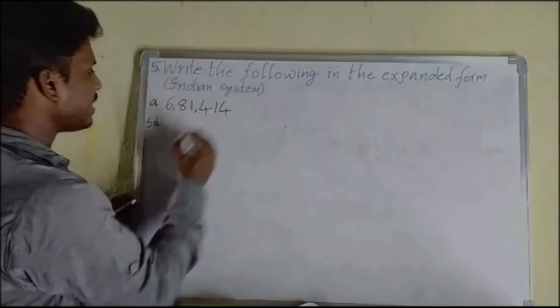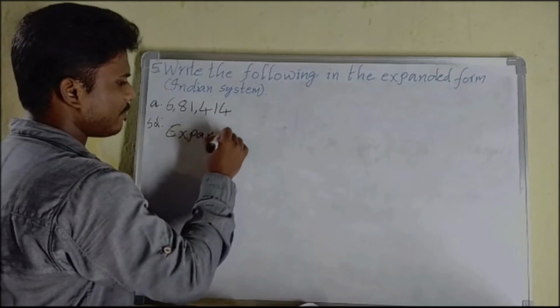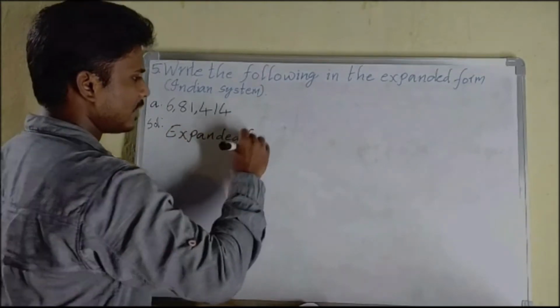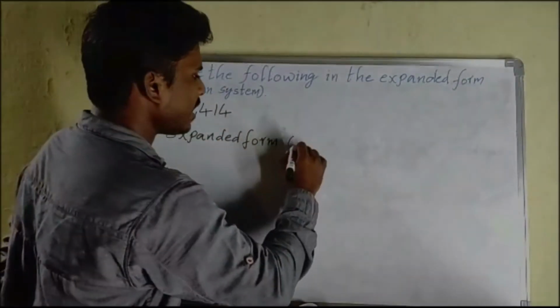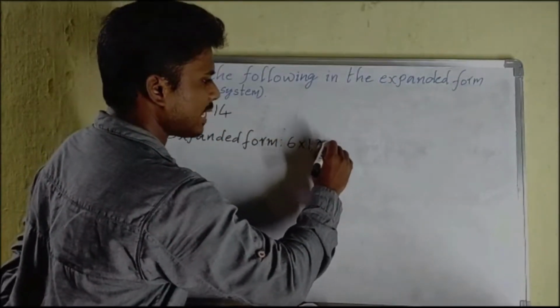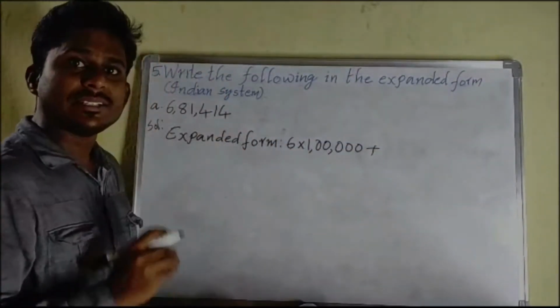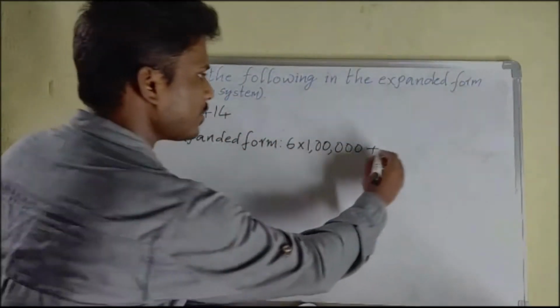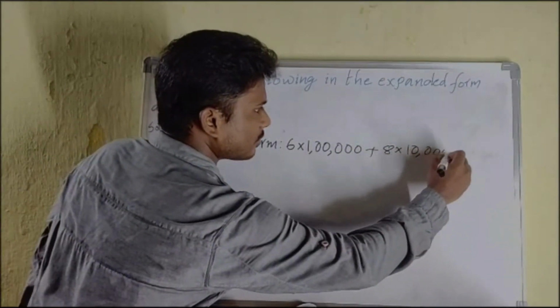Okay, now let us write the expanded form like this. So expanded form of this number is like this. First 6 is in the 1 lakh place, so 6 into 1 lakh plus 8 is in 10,000 place, so 8 into 10,000.